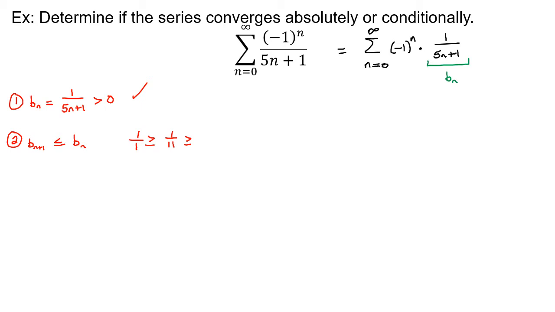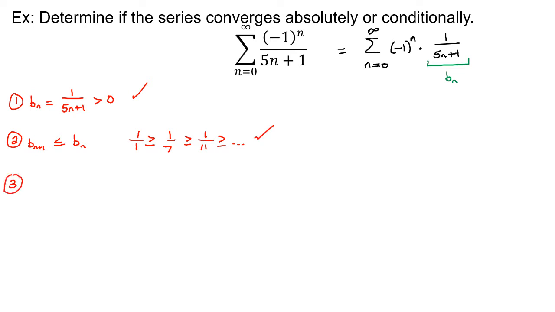Oh, sorry, I was supposed to plug in 1 first. That's the deal with starting at 0 sometimes. I'm used to plugging in 1, but let's plug in 1 first. That would be 5 times 1 is 5 plus 1 is 6, so 1 over 6, and then 1 over 11, and so on. So yeah, they are getting smaller. So that's a plus.